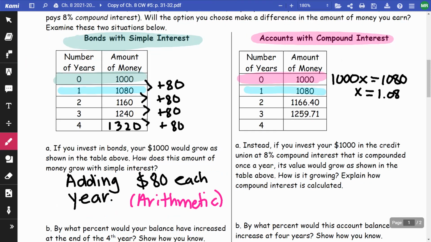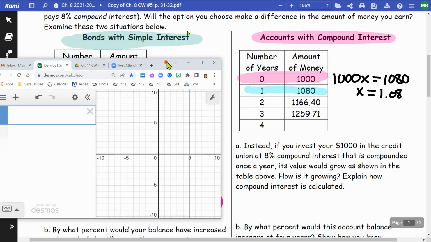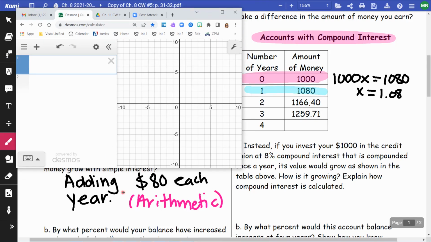So let me see. Is that what's happening every time? I'm multiplying by 1.08. So let me just get Desmos here so we can see.